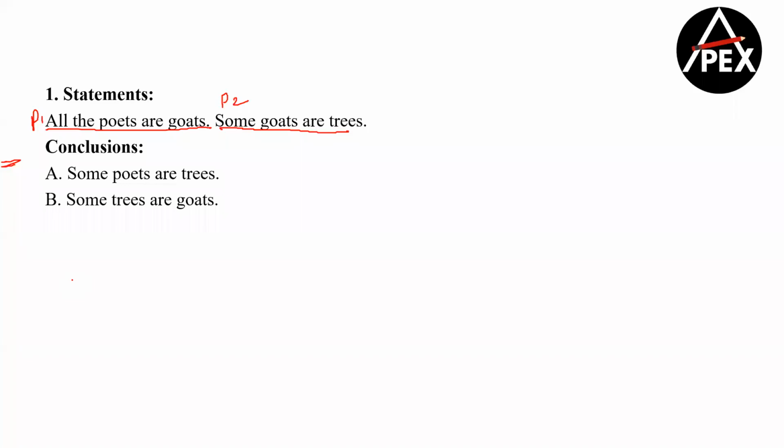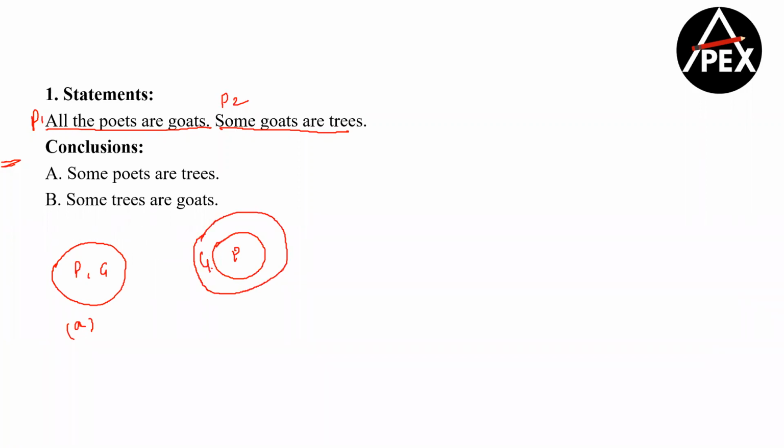Now, in premise 1, when I'm saying all the poets are goats, can I say that there'll be two diagrams? First diagram where this is poets and goats. So let me call this diagram A. And what about the second one? He said that all poets are goats, correct? He never said that all the goats are poets.